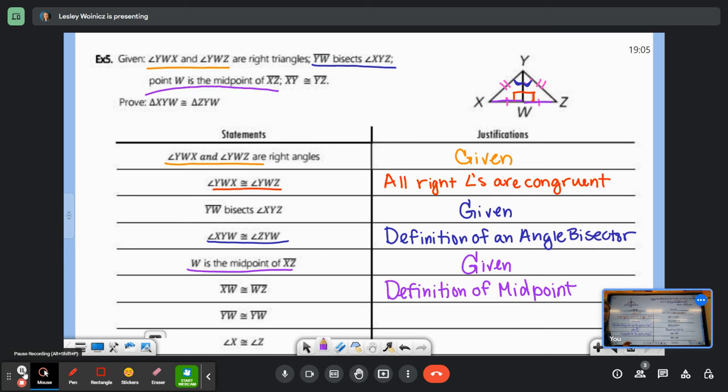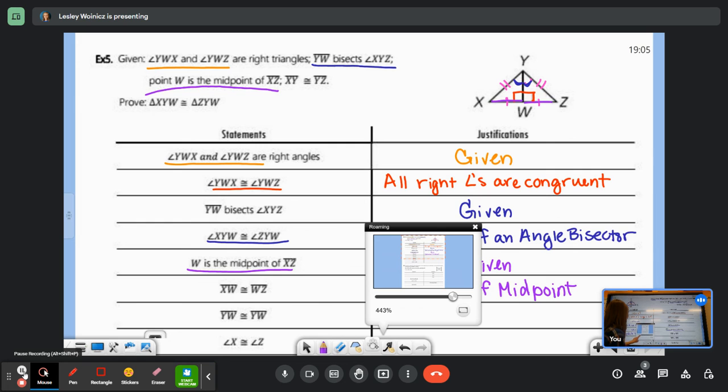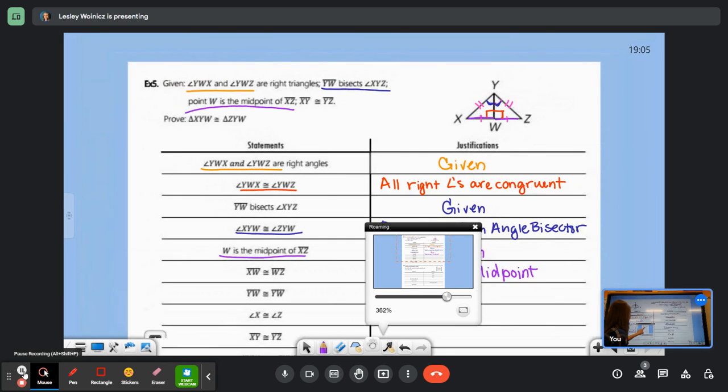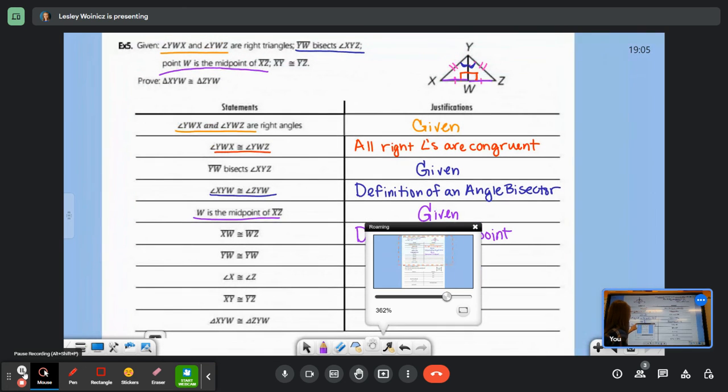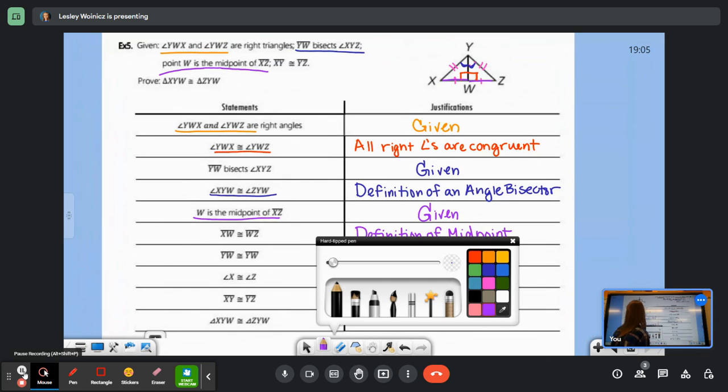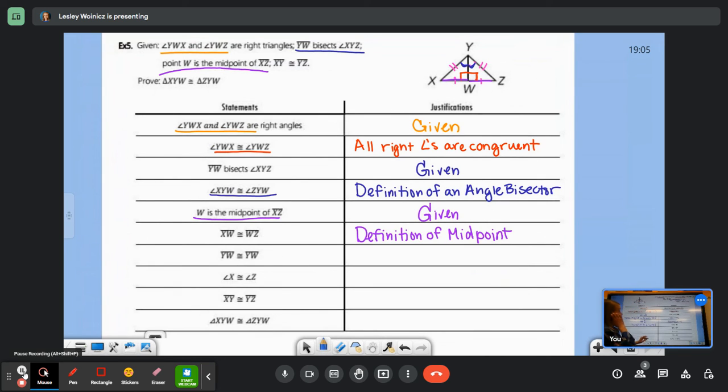Let me zoom out a little bit. Okay, next. We know that segment YW is congruent to segment YW because of the reflexive property, the well-duh property.